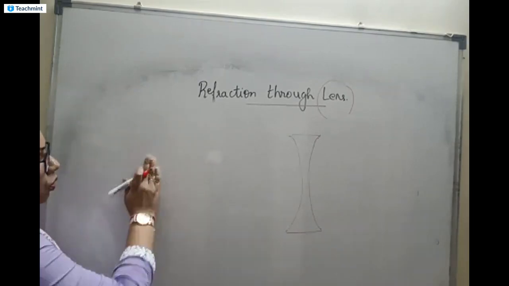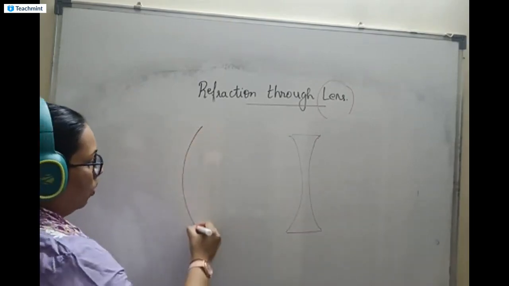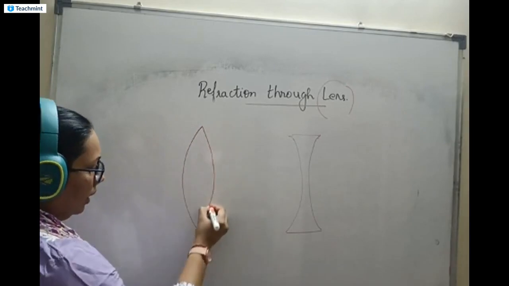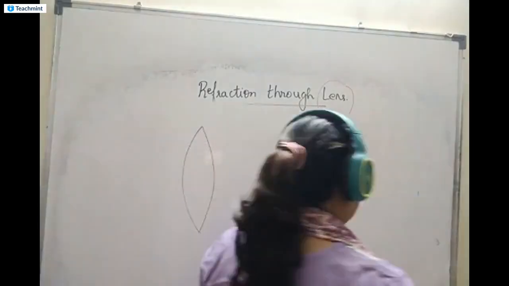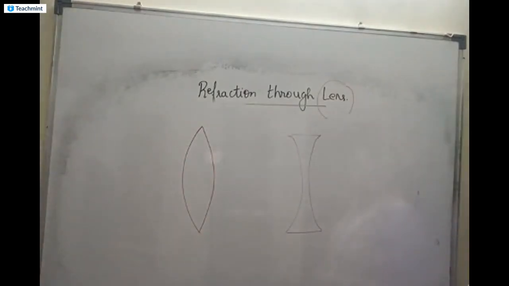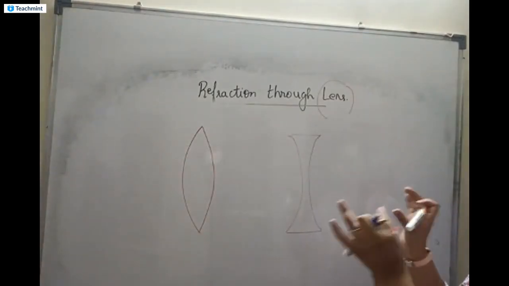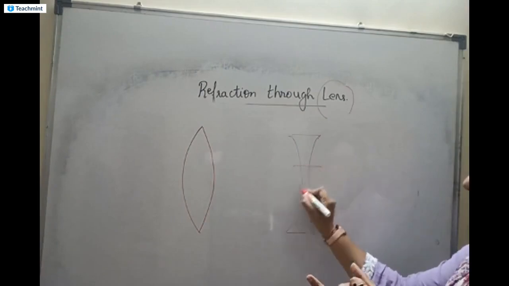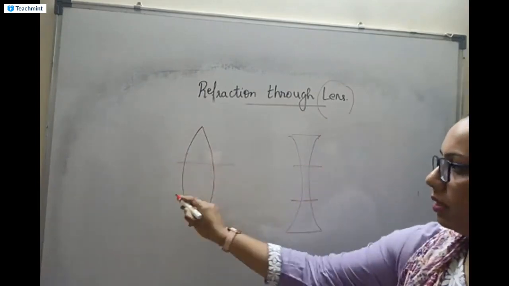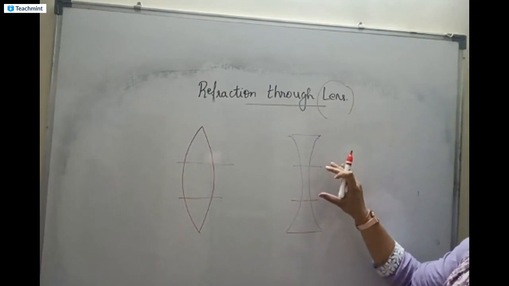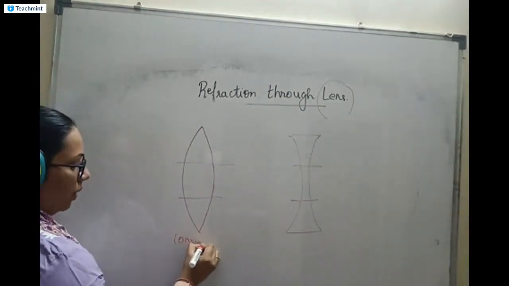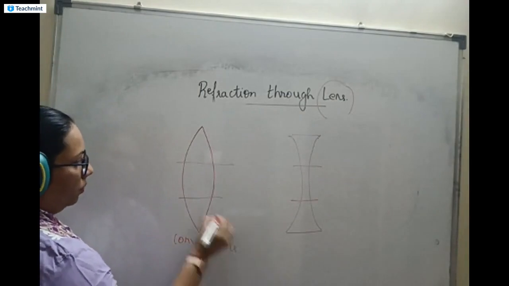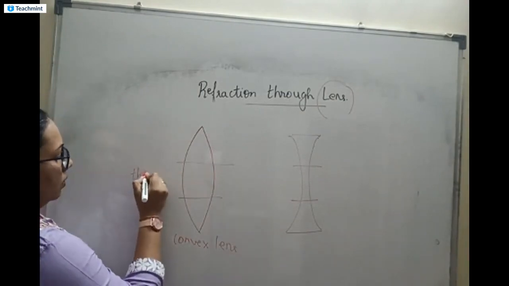All the concepts we are doing later on will be considered for a very thin convex lens and concave lens. It's not going to be as thick as you can see on the screen. Which one is going to be thicker at the center part? Let's say we cut this portion like this. This forms the center part. So whenever you have a convex lens, it's thicker at the center.